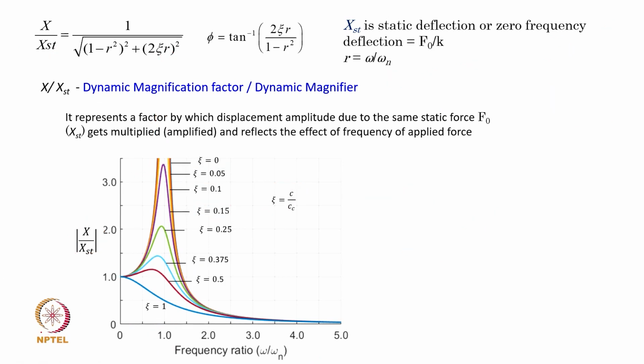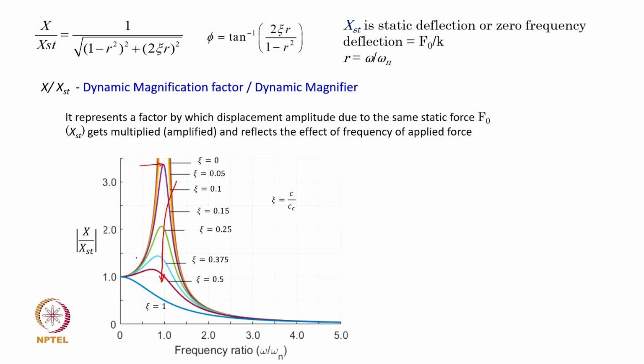What you can also observe is that as the damping value increases, the peak response value keeps on reducing. So, for a value of zeta equal to 0.15, the peak amplitude was, let us say, 7 or 8.